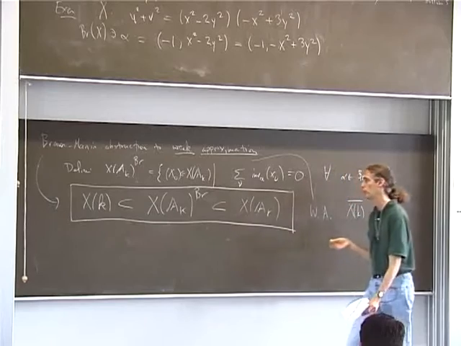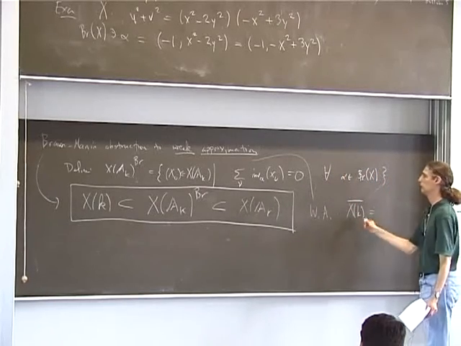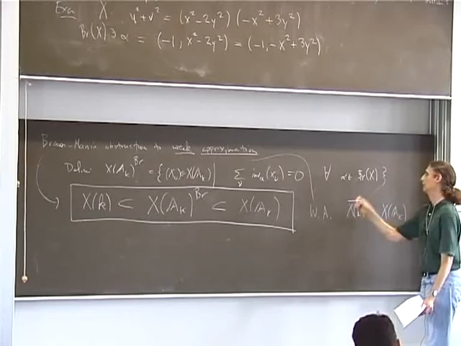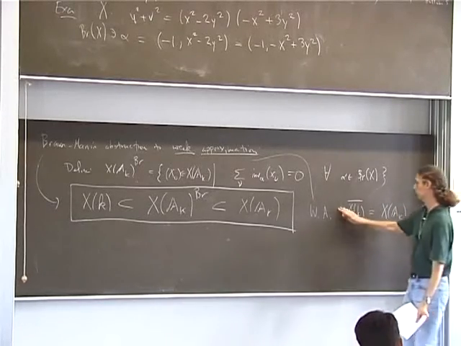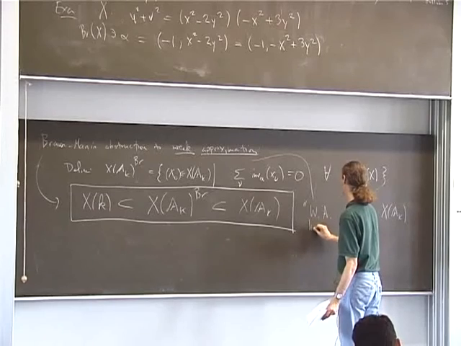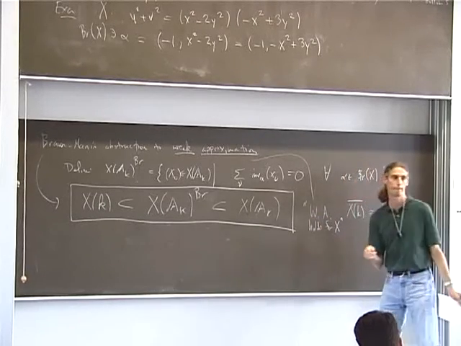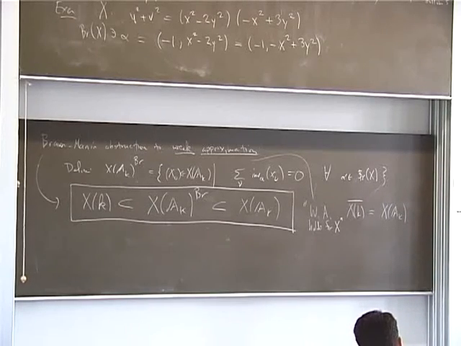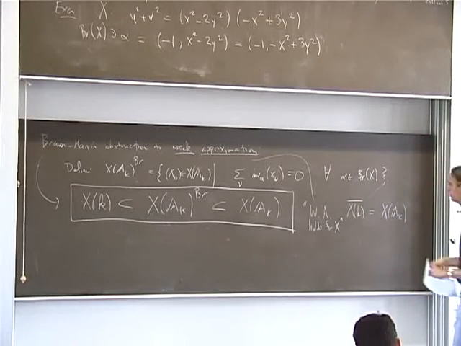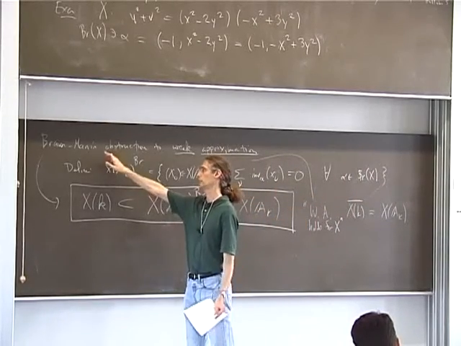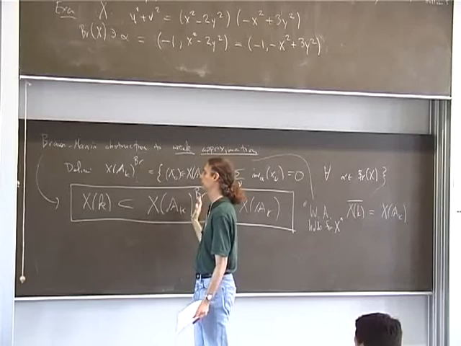It has the product topology. And when the closure of the set of rational points is the set of adelic points, then we say weak approximation holds for X. And there are a lot of X for which this fails. That's the point of this. There's an obstruction to weak approximation.